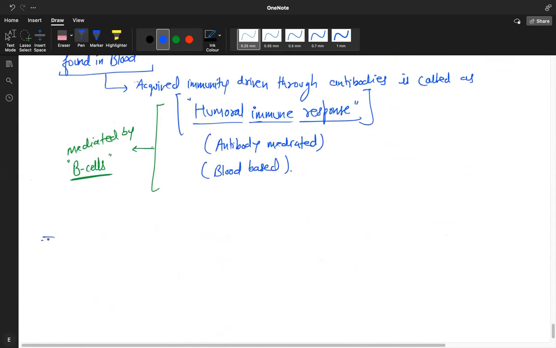Now the second part is called cell mediated, CMI. Okay, the cell mediated immune response or cell mediated immunity.